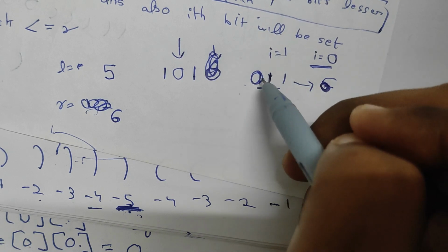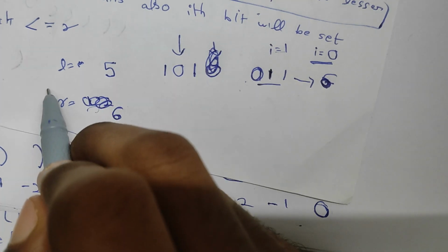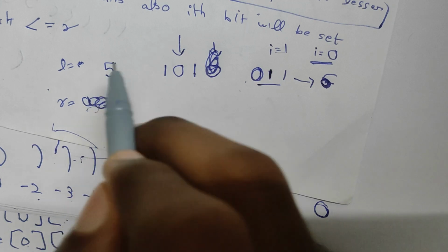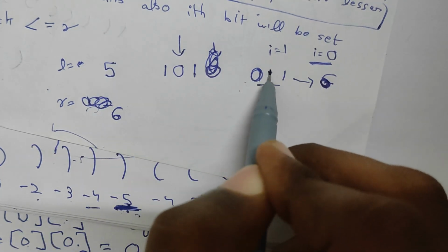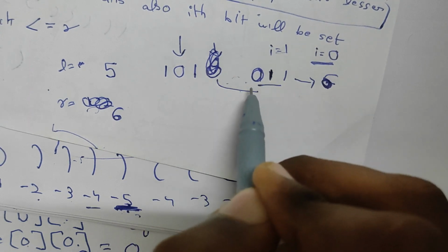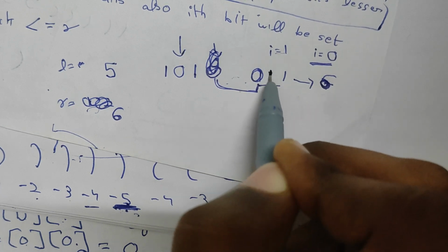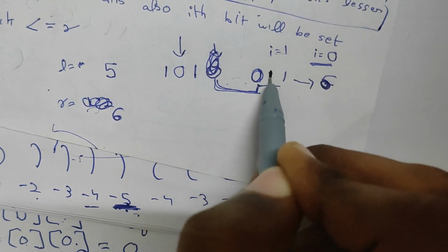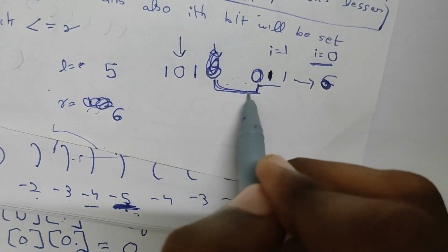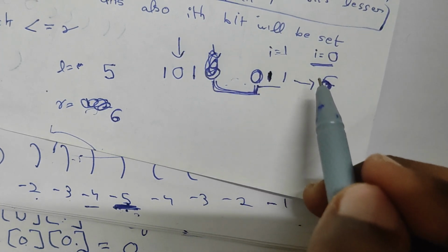If you unset all the bits lesser than the ith bit, it will not go lesser than L. It will remain greater than L, because even if all the bits lesser than I are set, when we are setting this particular bit, the value of this ith bit will be greater than the sum of all these bits. So there is no problem for that.